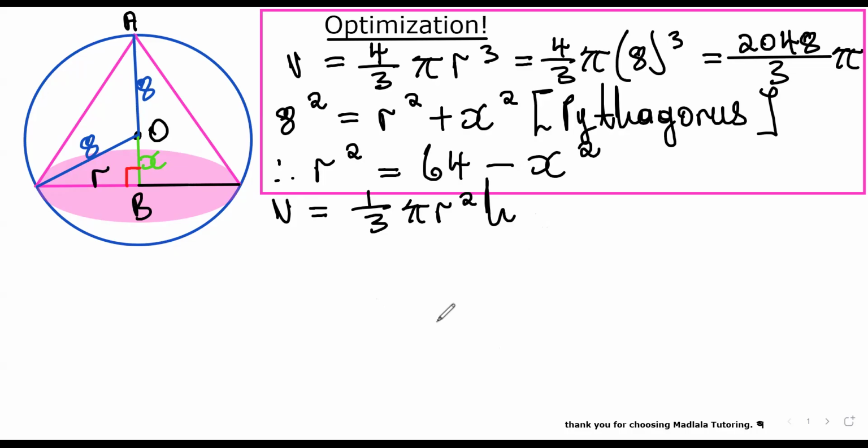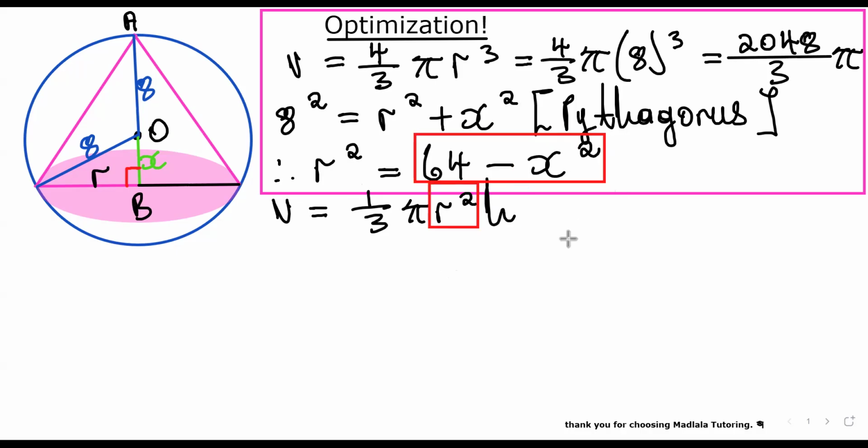Now, we can say that the volume is expressed in terms of two variables, the radius r and the height h. We don't know both of those, but we want to express it in terms of one variable only. And the best variable in which we can express it is x. We know what is r squared.